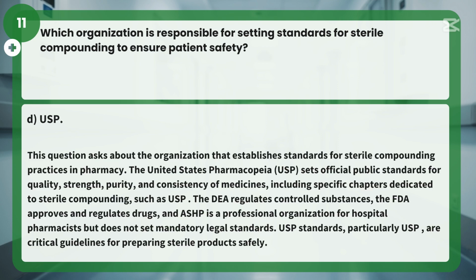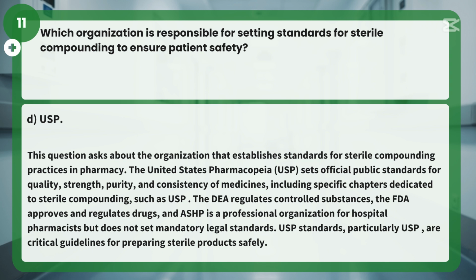Answer: D. USP. This question asks about the organization that establishes standards for sterile compounding practices in pharmacy. The United States Pharmacopoeia, USP, sets official public standards for quality, strength, purity, and consistency of medicines, including specific chapters dedicated to sterile compounding, such as USP <797>.